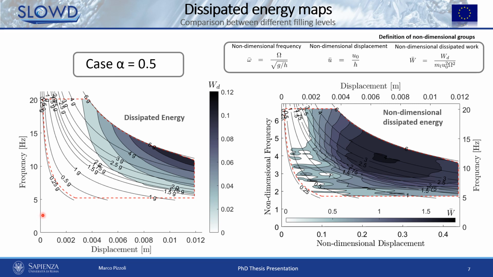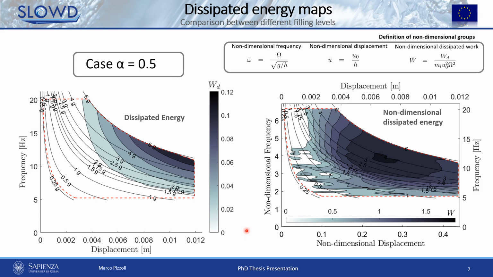And in addition, by introducing the dimensionless quantities of energy, displacement, and frequency, it was possible to obtain the same map, but representing the non-dimensional dissipated energy in here, which gives more insight into the nonlinearity of the dissipative behavior of vertical sloshing, highlighting the close dependence on both frequency and the amplitude of the motion.